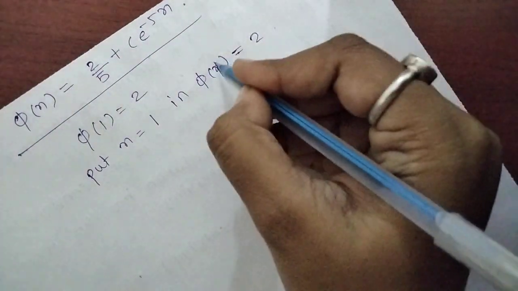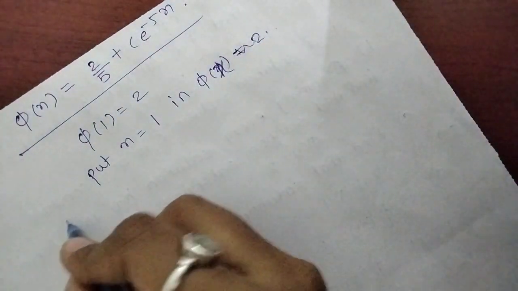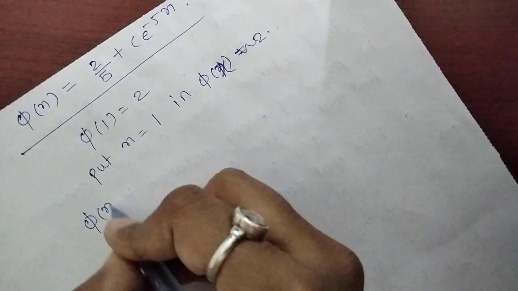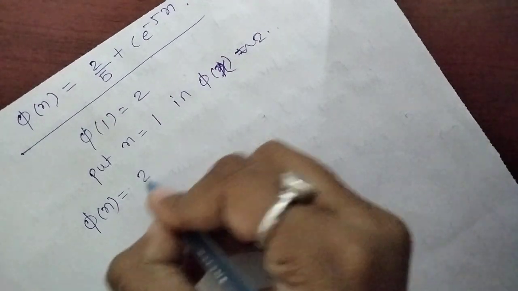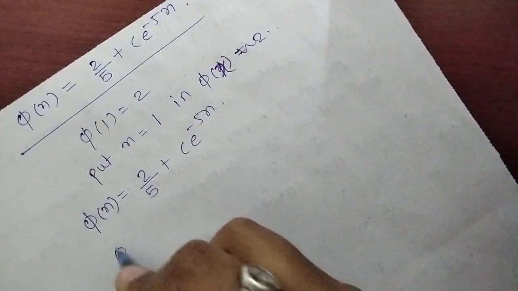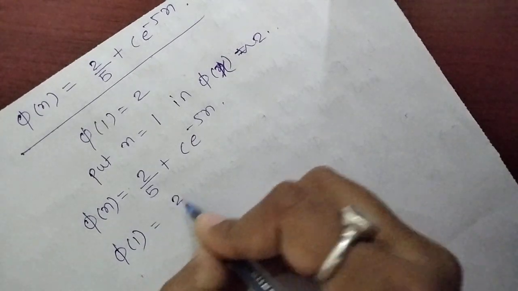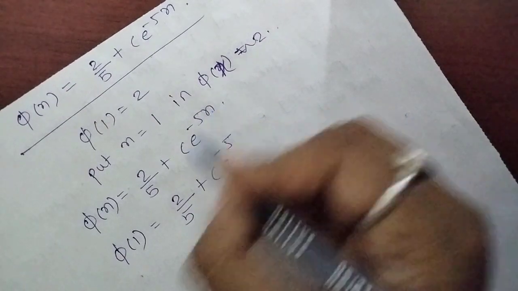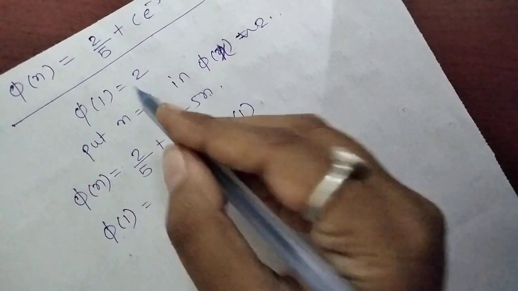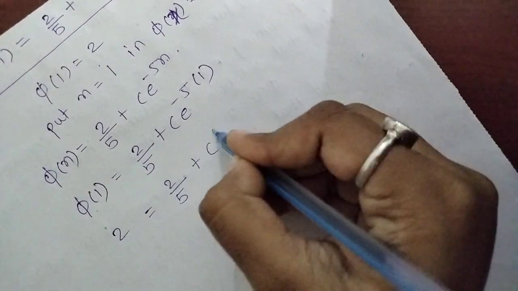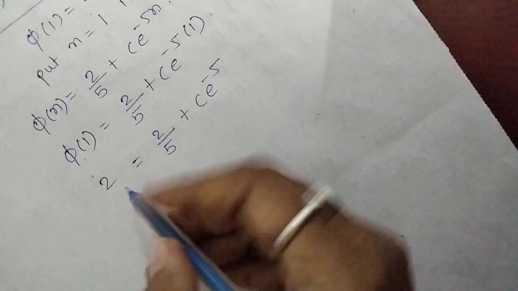We have phi of x is equal to 2 upon 5 plus c into e raised to minus 5x, means phi of 1 is equal to 2 upon 5 plus c e raised to minus 5 into x is 1. So phi of 1 is 2. 2 is equal to 2 upon 5 plus c into e raised to minus 5.